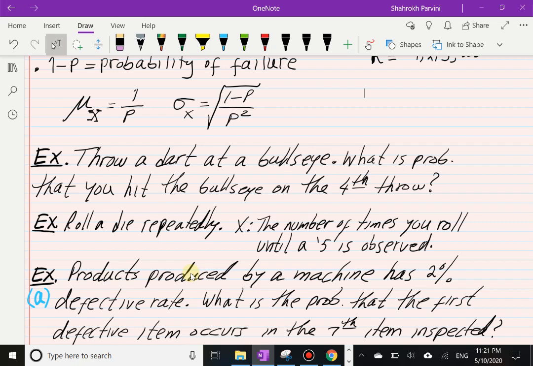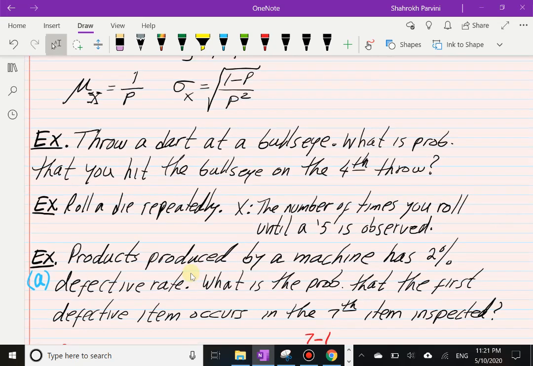This is some machine that makes pre-assembled parts. We want to know the probability that the first defective item occurs on the 7th item inspected. So, with a 2% defective rate, what is the probability that I observe the first defective item on the 7th inspection?